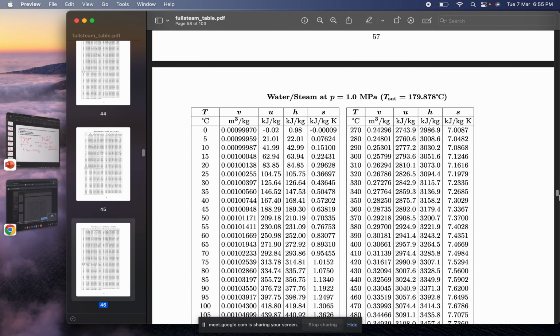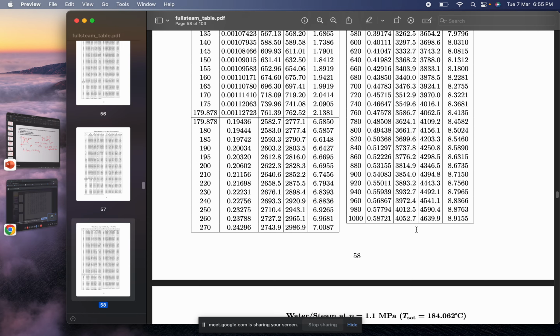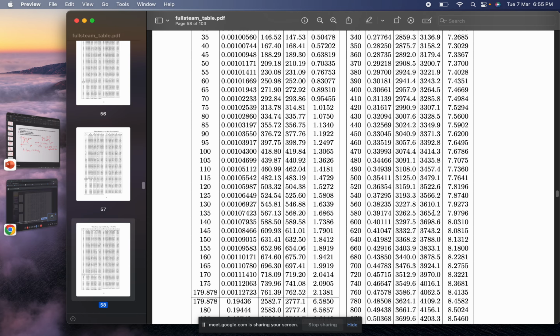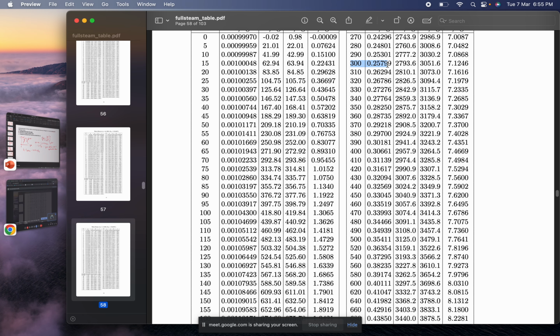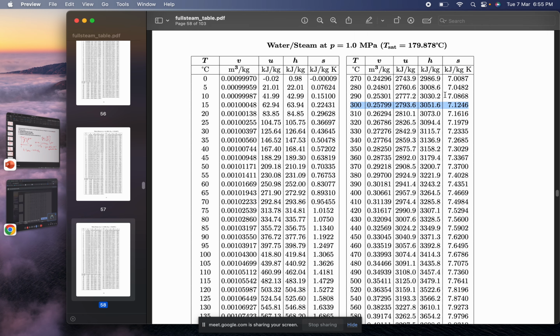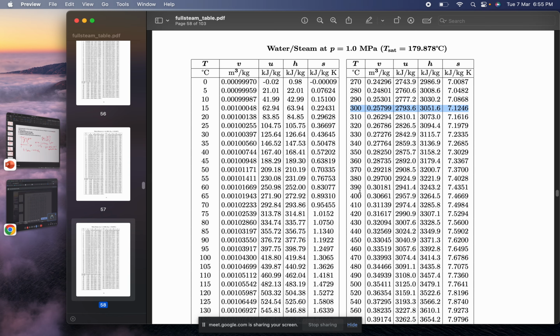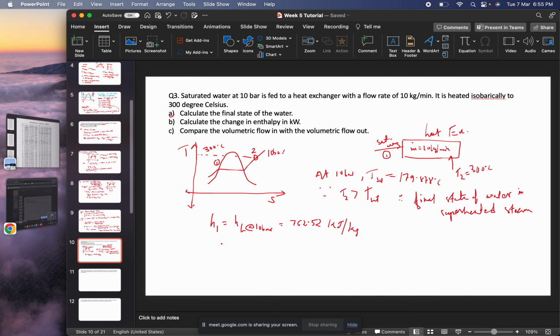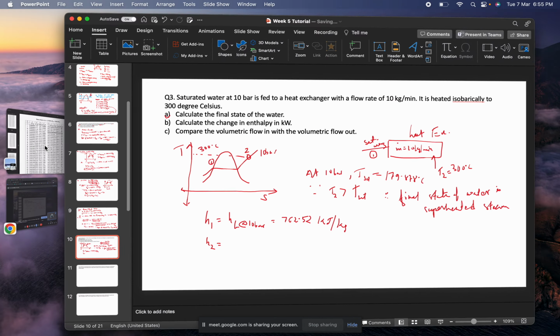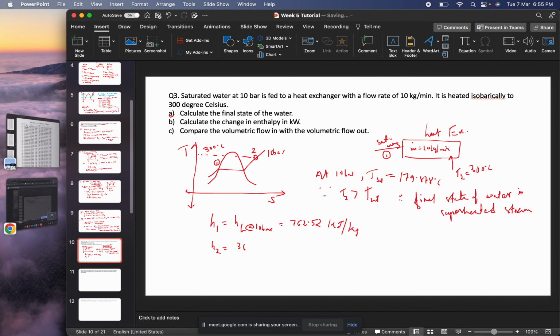This is my 300 degrees Celsius, this is my 1 megapascal. At 300 degrees Celsius my H is 3051.6. So that means my H2 is 3051.6 kilojoule per kg.